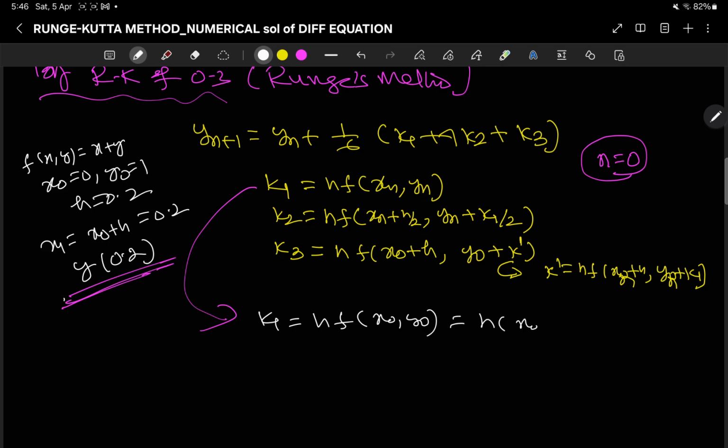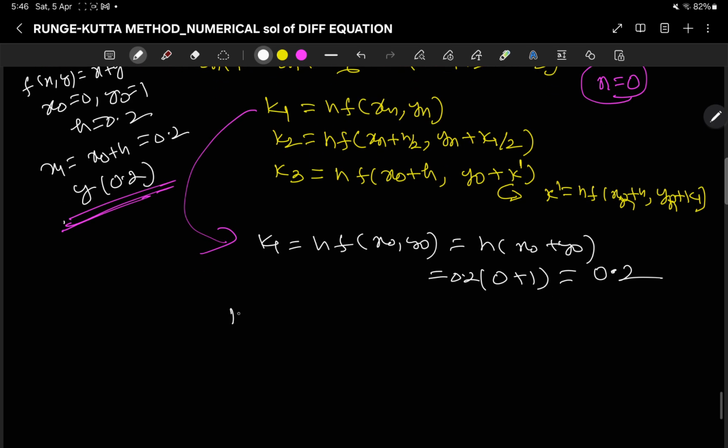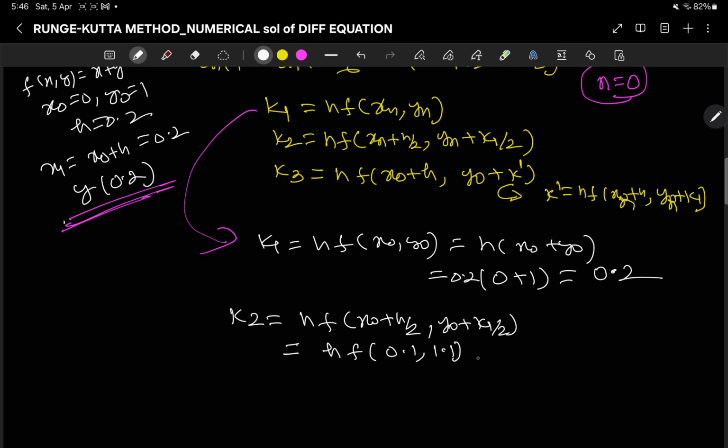So this is equal to h into (x0 plus y0). So this is 0.2 into (0 plus 1), this is 0.2. And here k2 is equal to h f(x0 plus h by 2, y0 plus k1 by 2). So this is equal to h f(0.1, 1.1). Okay, so this is equal to 0.2 into (0.1 plus 1.1), and this will be 0.24.